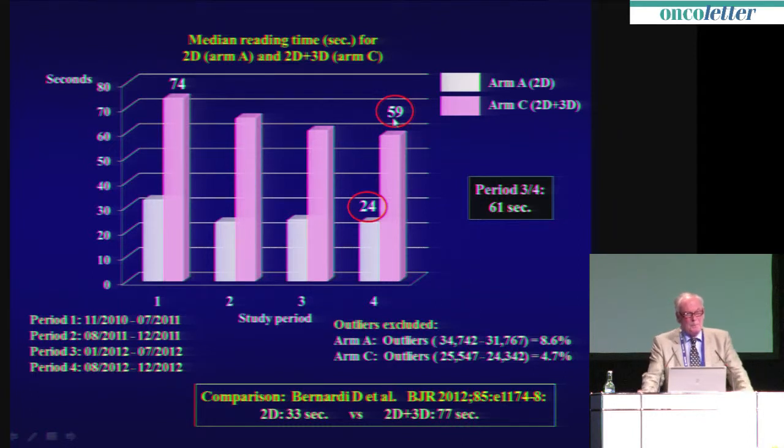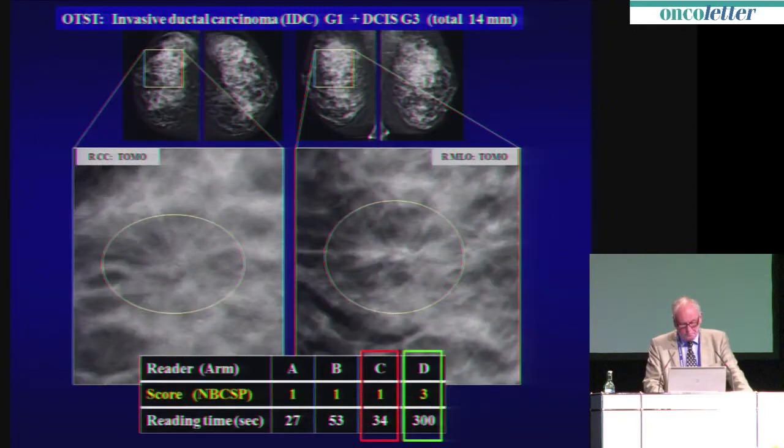So we can say 60 to 90 seconds in that range. So, of course, you have to weigh an increase in cancer detection of 30% against the increased time of interpretation from 25 to 70 seconds.